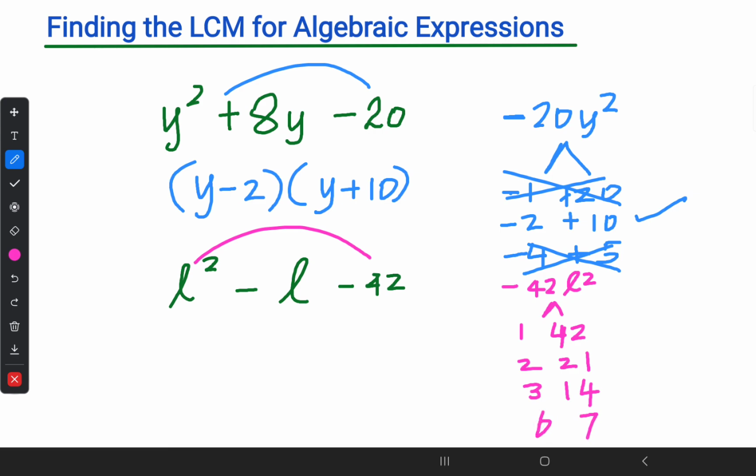These are the suitable pairs. Since the middle member is negative, I will give the negative to the higher number in all pairs.